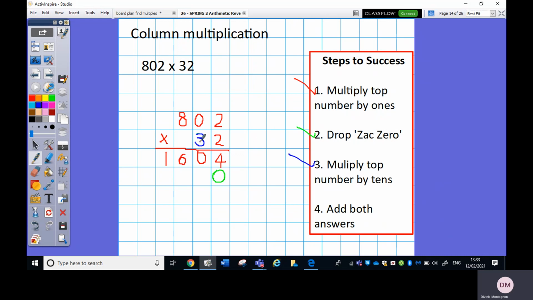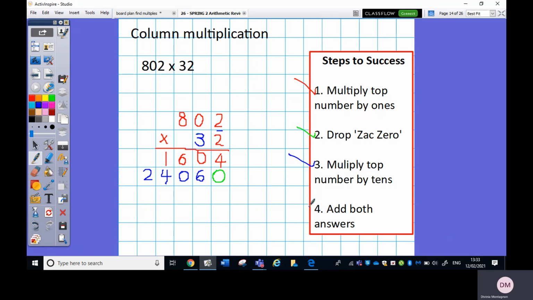So 3 times 2 equals 6. Then 3 times 0 equals 0. And now 3 times 8 equals 24. Good. Okay.